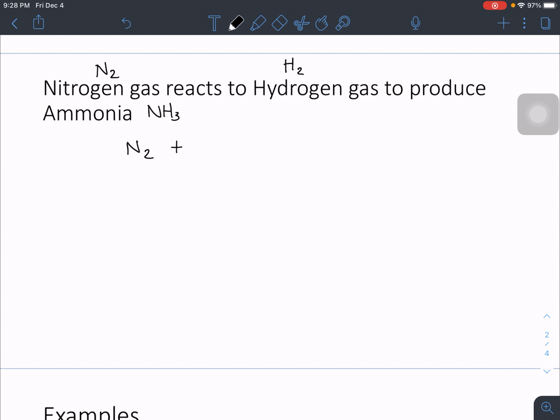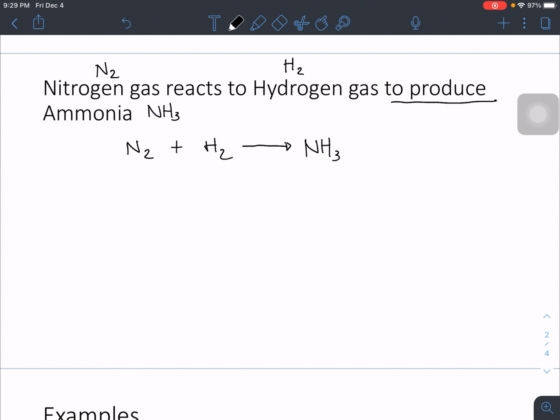Okay, so N2 plus H2 to produce. To produce means that the reaction will proceed to the creation of new products. So to produce will be denoted by this arrow, ammonia, so NH3. So this will be our chemical equation.